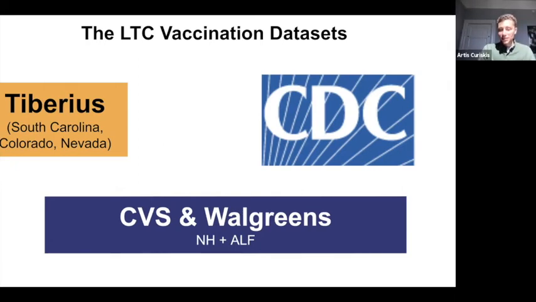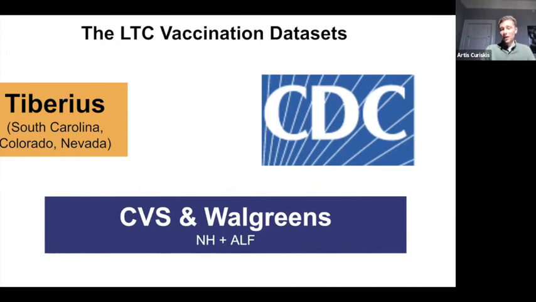CVS and Walgreens release data by the state or jurisdiction level, and you can look at nursing home, assisted living, and CDC is just the blanket of every state. Each one you can piece together because Tiberius provides whether it's a CVS or Walgreens pharmacy, so you can combine and compare those two and see how those numbers match up.